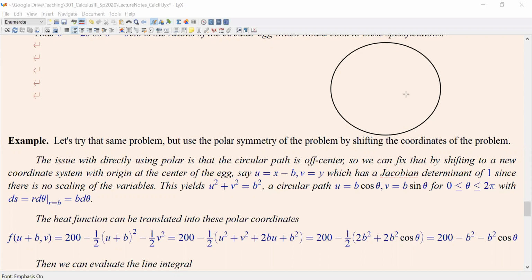But instead of drawing the axes through the center of the pan, I'm now going to draw the axes through the center of my egg. And if you want, you can imagine the axis going to the center of the pan right next to it.